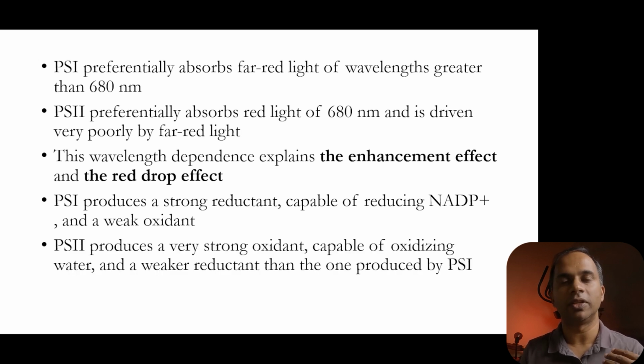And if you think about photosystem 2, it's quite the opposite. It produces a very strong oxidant capable of oxidizing water, and a weaker reductant than the one produced by photosystem 1. So this is something you need to remember, because it is very important.